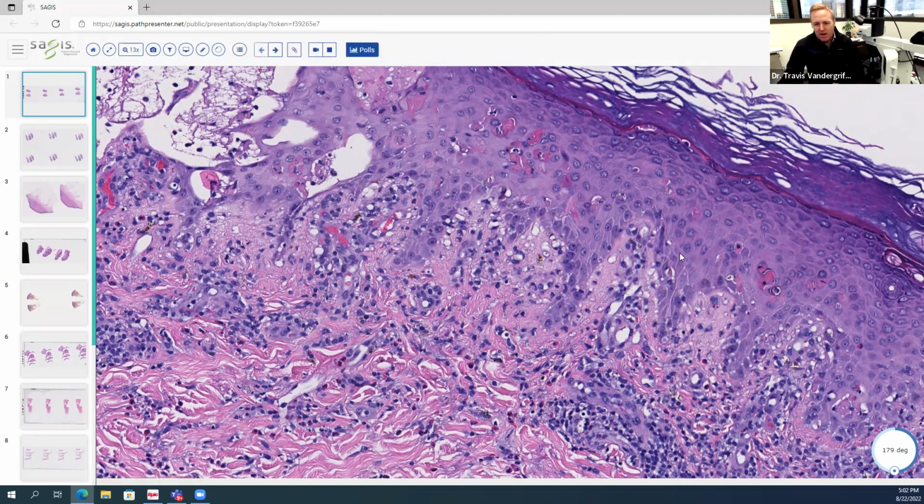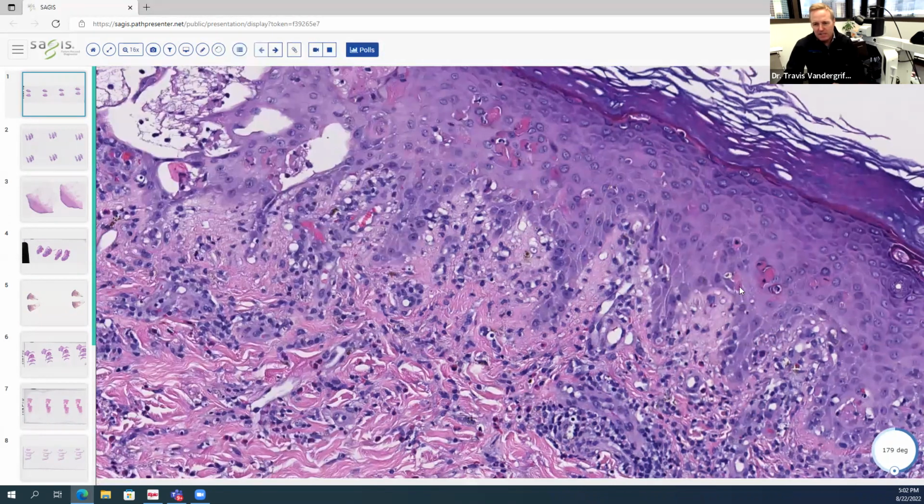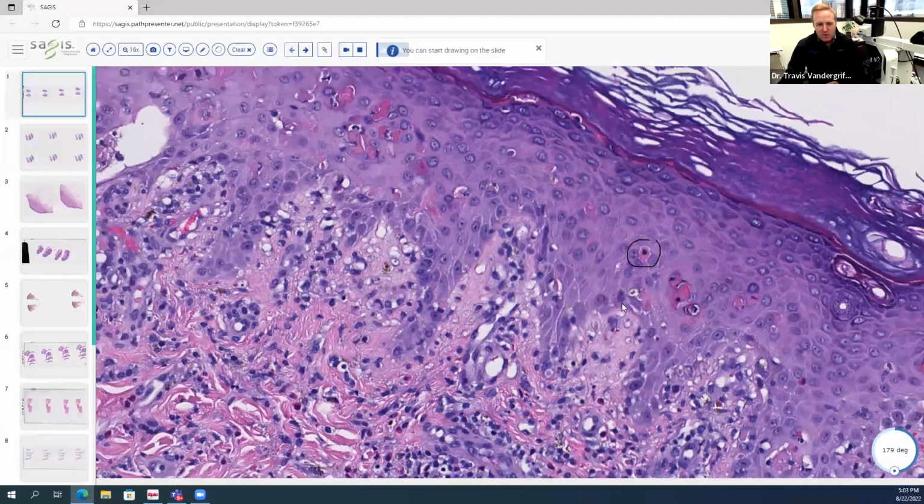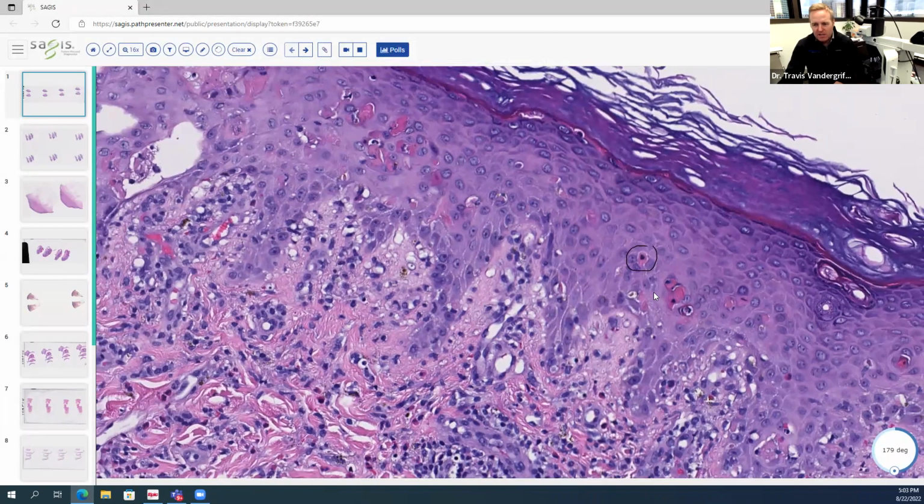An important part of vacuolar interface dermatitis is the finding of dyskeratotic keratinocytes. Anytime I'm thinking about whether this could represent vacuolar interface dermatitis, I look for dyskeratotic keratinocytes as a way of corroborating that, because vacuoles along the basement membrane can be hard to tell from vacuolar degeneration, or maybe a little bit of spongiosis, or papillary dermal edema.